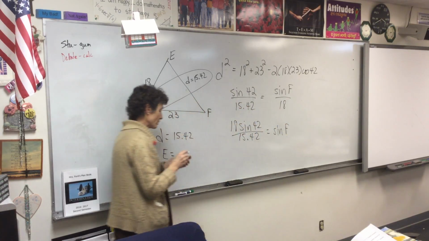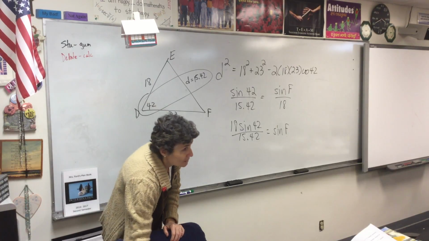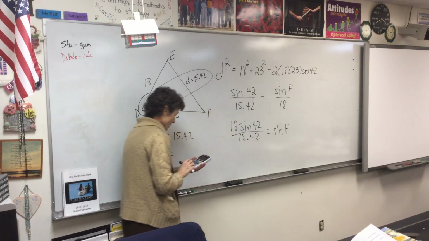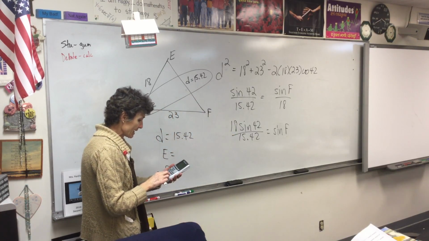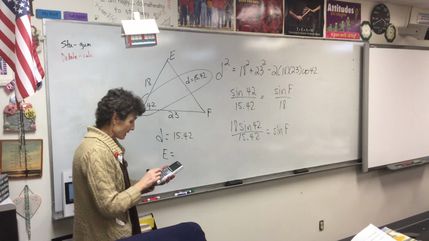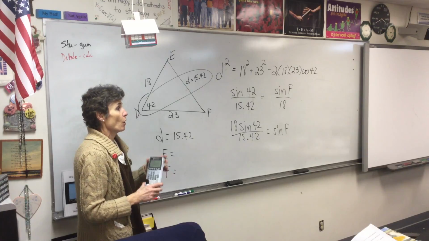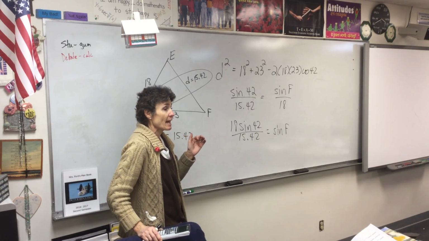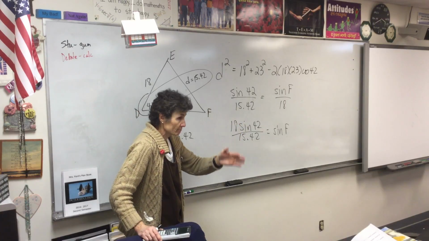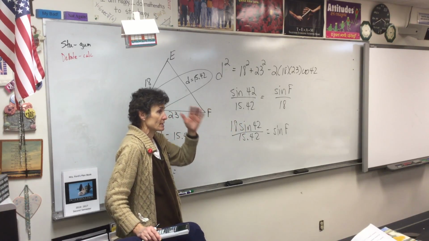And this one's a little tricky too. With the law of cosines, you have to remember to take the square root. With this one, I'm going to type this in, but that is not going to be the answer, right? What am I going to have to do? I'm going to have to second sine that number. Remember, the only way to get an angle on your calculator is to second sine, second cosine, second tangent, whatever function you're using.